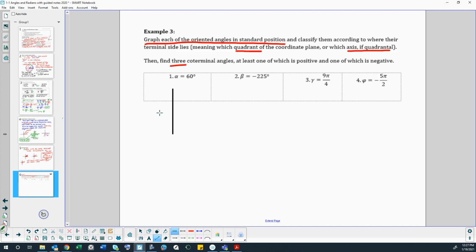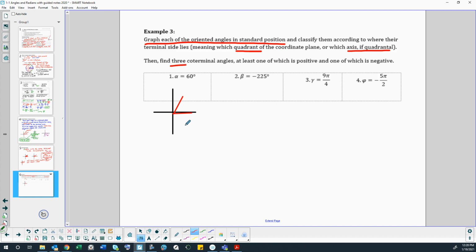Okay, so I'm going to draw my angle here, and I'm approximating where it would be about there. I didn't line things up perfectly, but it's close.